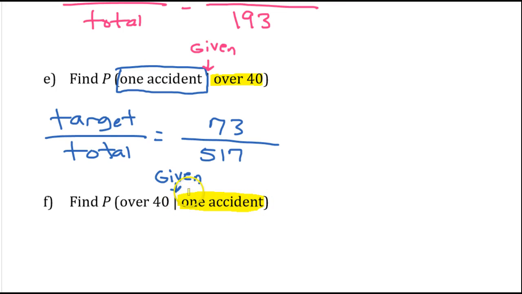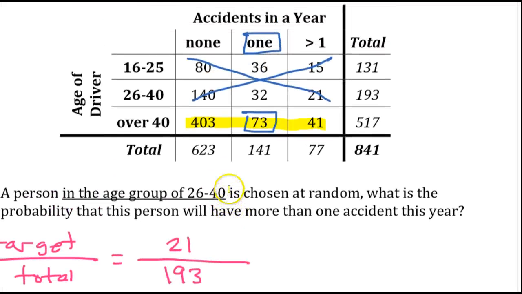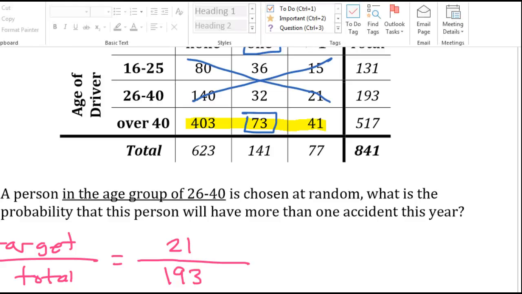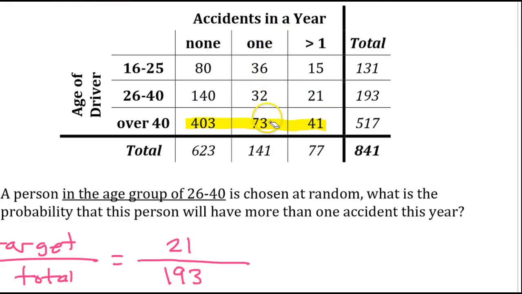So the given is one accident. This is the given, and we need to throw out everything else. So we're going to throw out this data and this data.